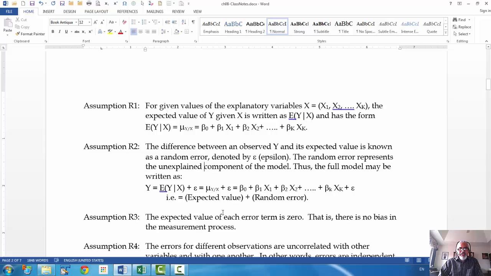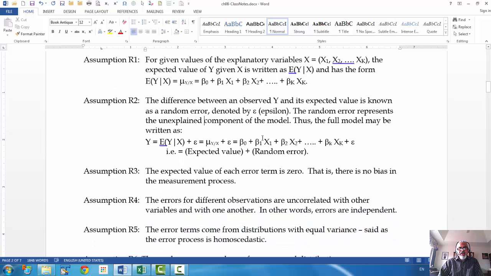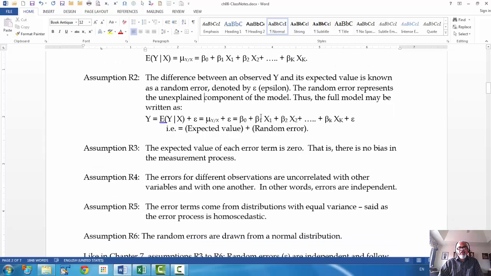So you have the expected value of y plus random error. There are some typos on the slide here. Having defined the random error in this way, the expected value of the random error is 0, and there is no bias in the regression analysis. That is assumption number 3.